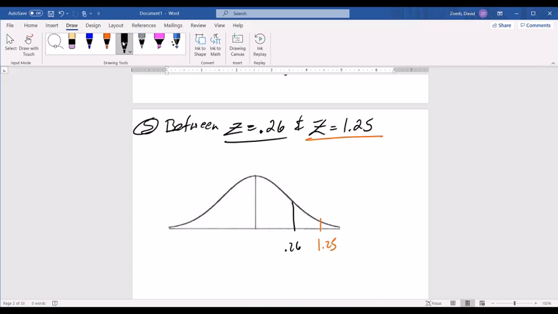So I need a double arrow right there, but then I'll also need another double arrow for the 1.25. So I'm going to have to look up both of these individually. First I'll look up 0.26. So 0.2, go over to 6, and that gives you 0.1026.